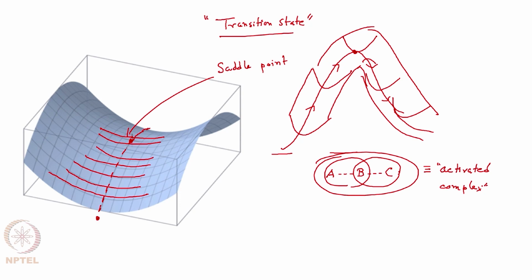And then they said that I can actually calculate this rate constant, which Arrhenius found empirically through a series of experiments, that this is the expression for the rate constant.